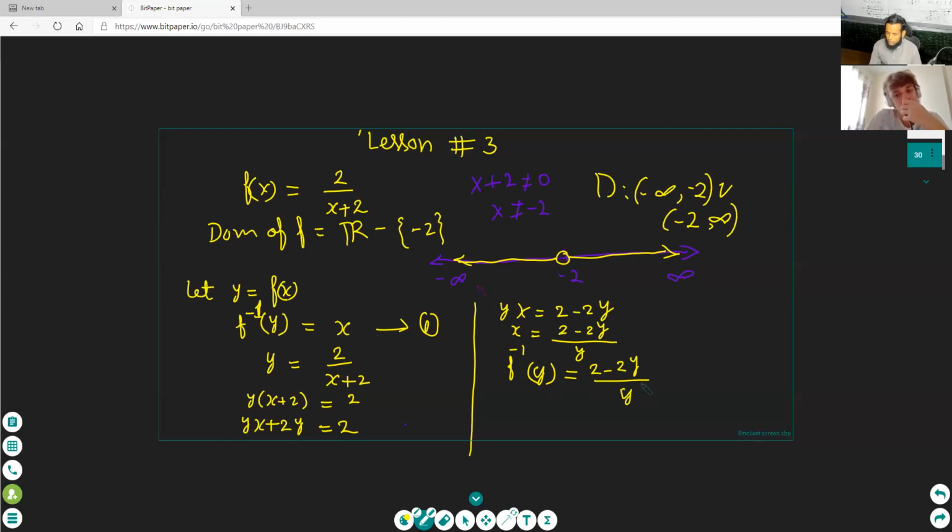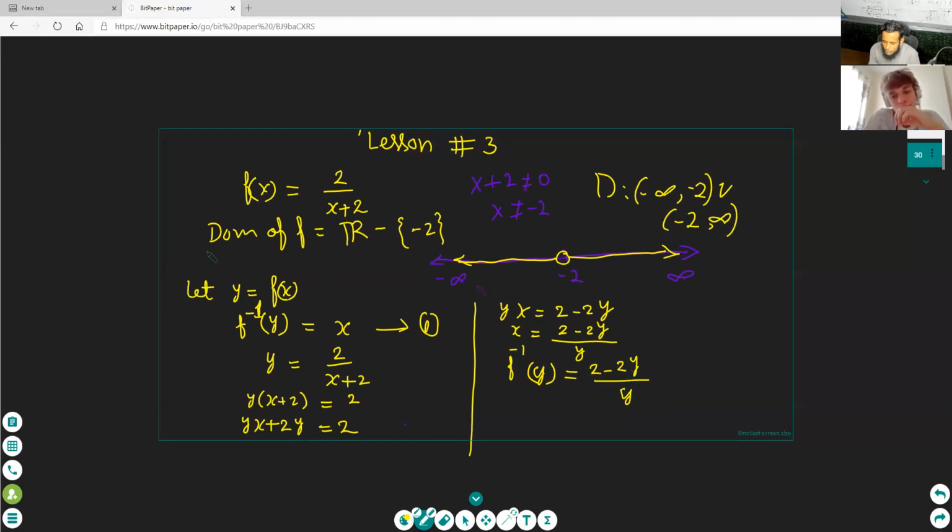So the y value is our range. Clear? Y value is our range. So see this: which value of y can we not put in? Can you tell me? We cannot put 0.